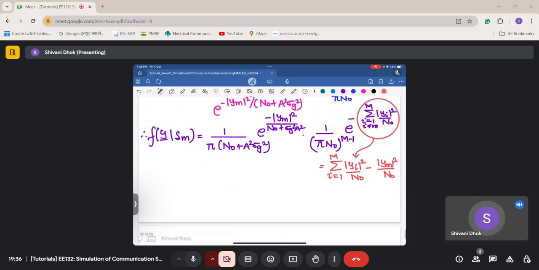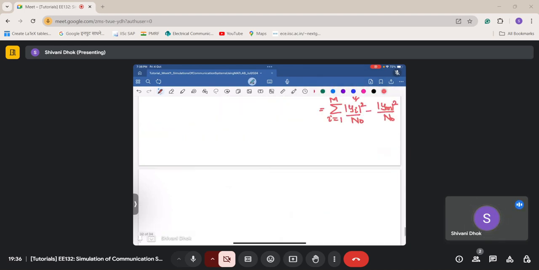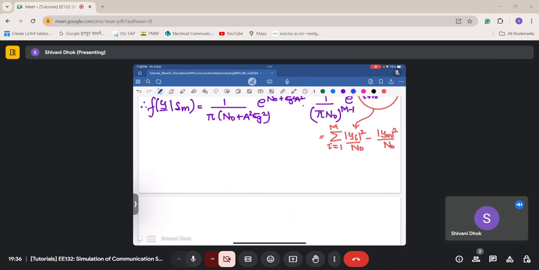And if I further simplify it, what I get is 1 over pi to the power m, N naught to the power m minus 1, into N naught plus A square sigma g square. I have taken this pi common, and this quantity here I can write as norm square by N naught.